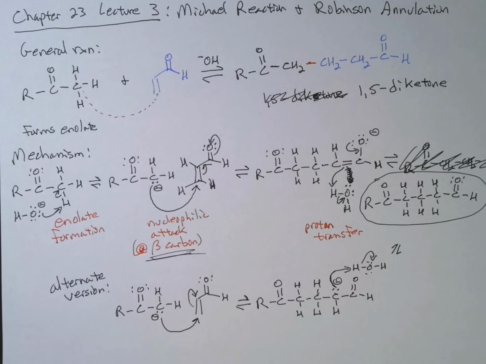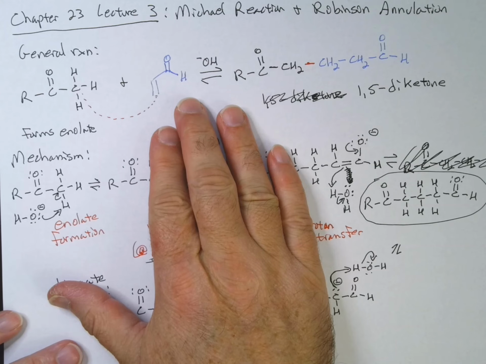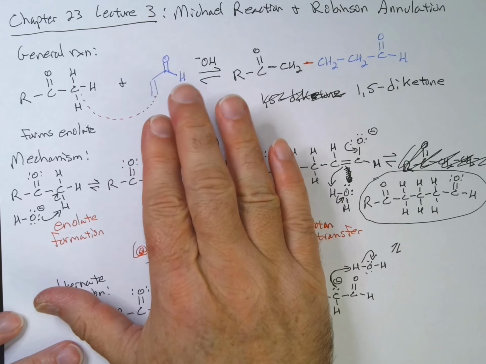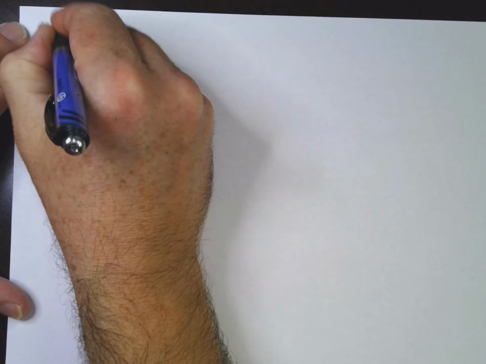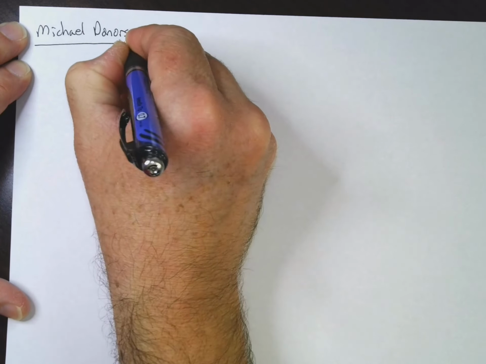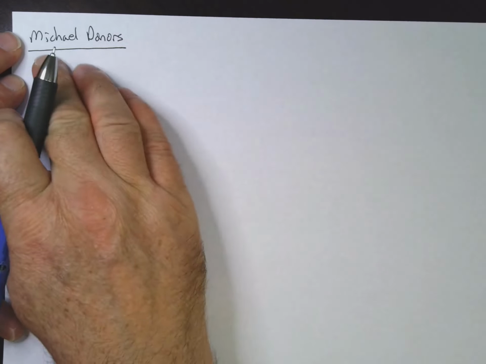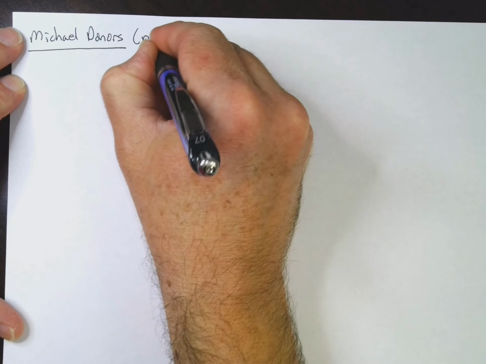All right, now there are some details about the Michael reaction that limit it. This is a very general case, which you typically don't see that often. In particular, we're somewhat limited in our choice of reactants. And these are the Michael donors.